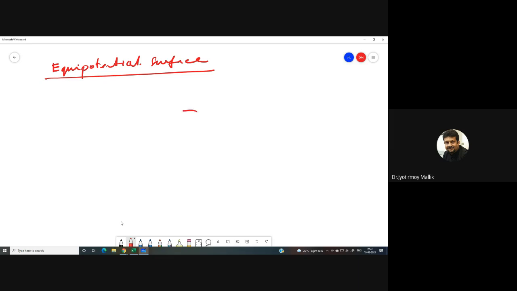So say, for example, if this is the Earth, suppose we go to a distance, whatever it is, and think of an imaginary shell surrounding the Earth. It would be called an equipotential surface if at every point of this, UG is the same.